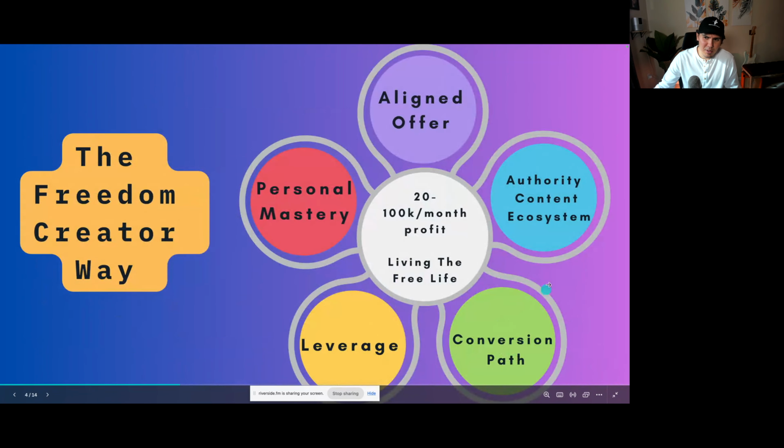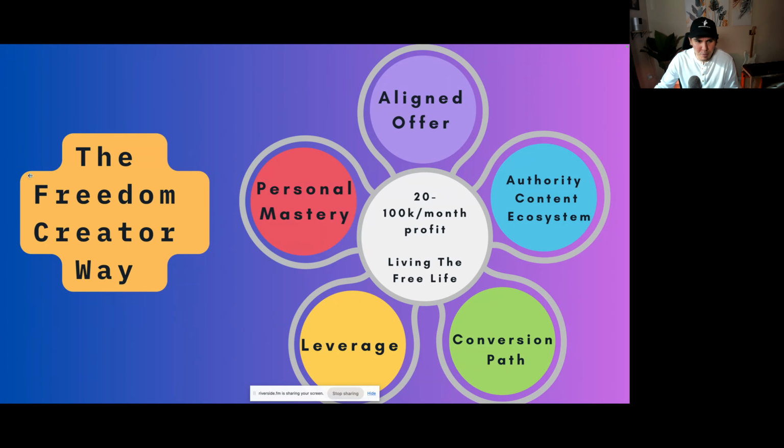That is a part of the school system, which is a part of this authority content ecosystem where I really talk about creating content that positions you as a guide. There's a bunch of stuff that goes in there. Ultimately, it's a part of my freedom creator way. That's what I call this whole model of building a business you actually love, 20 to 100K a month profit, living the free life, right?